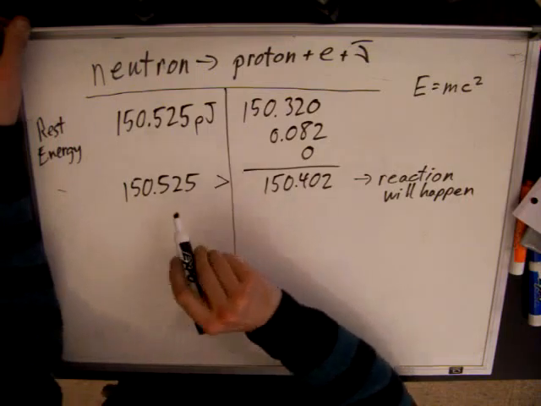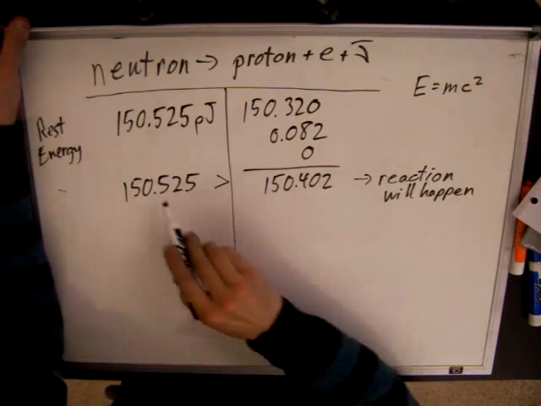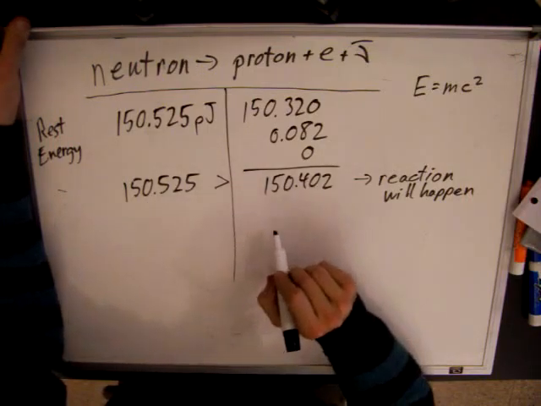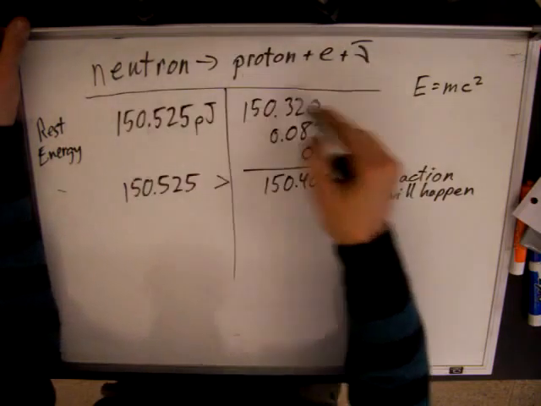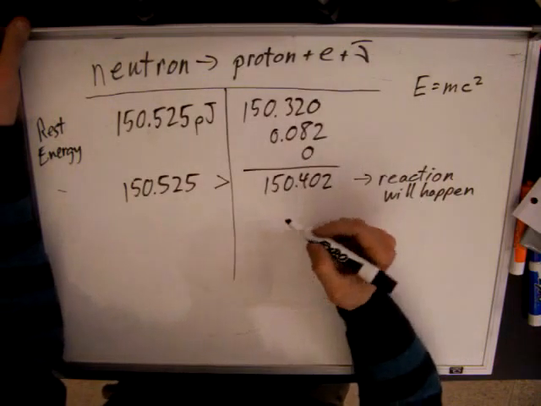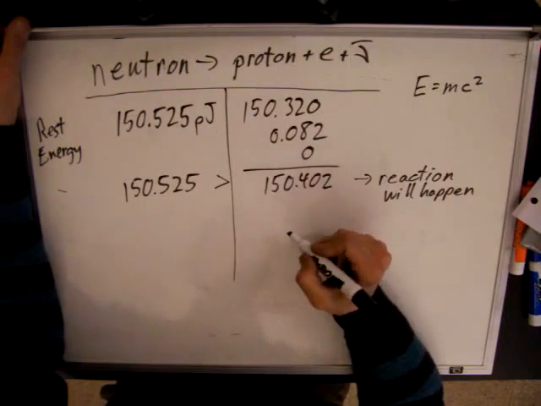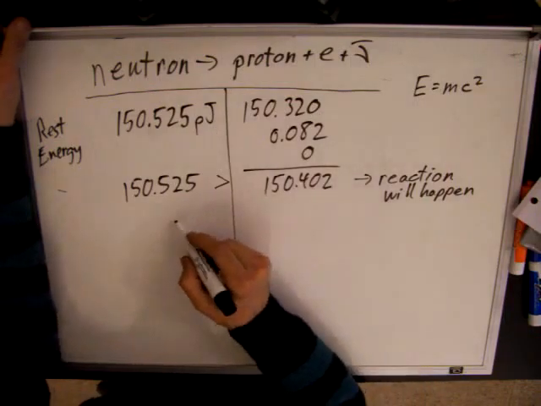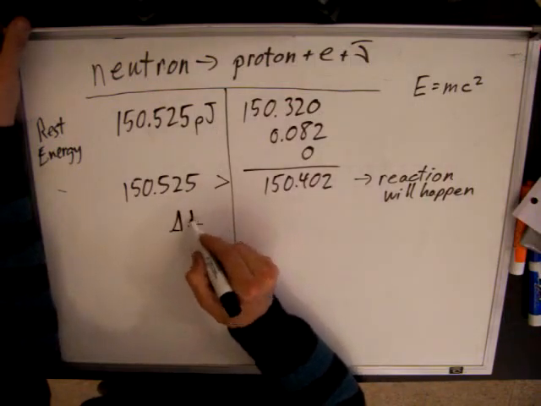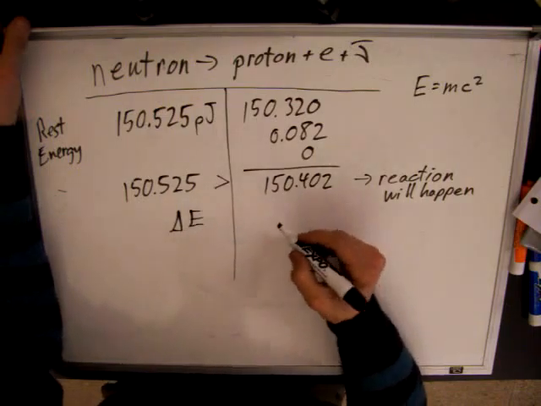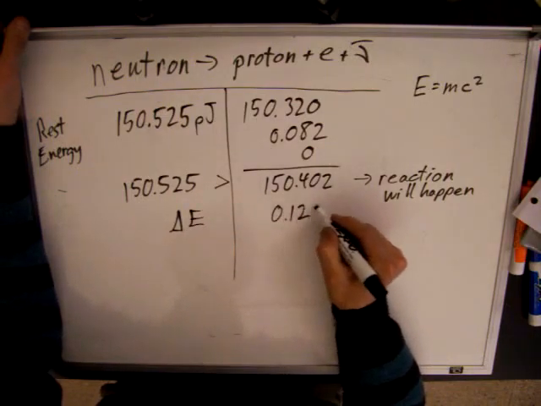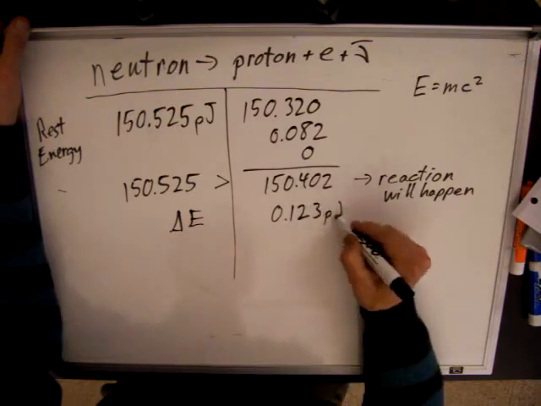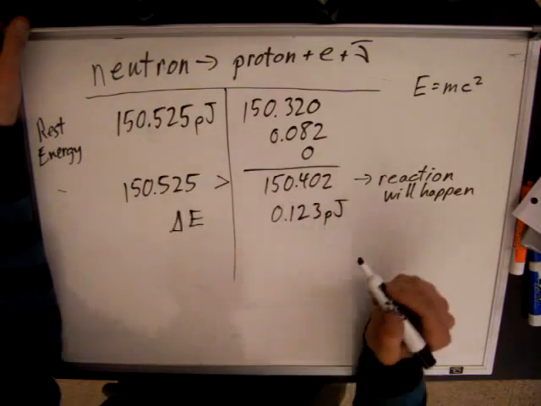Now, we can also calculate the difference. If we take the difference in energy between the rest energy of the neutron before and of all the particles that come out after, we find that the difference, in the text it's written as delta E, is 0.123 picojoules. That's just the difference between that and that.